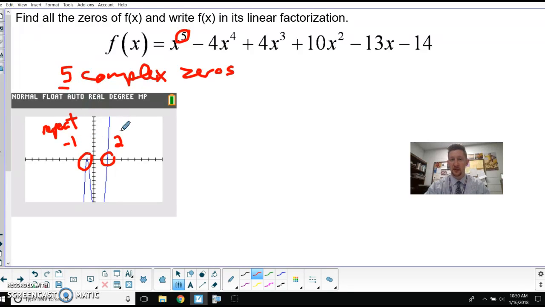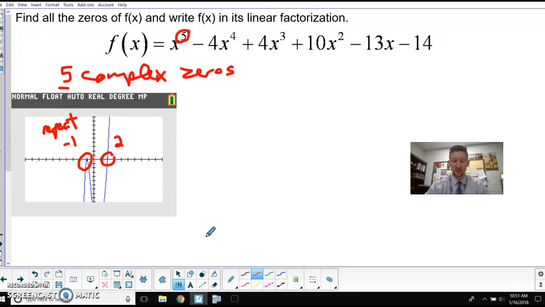Assuming that this is a repeat, the other 2 are probably going to be imaginary in nature, since only real zeros show up on a graph as x-intercepts. Imaginary zeros won't.